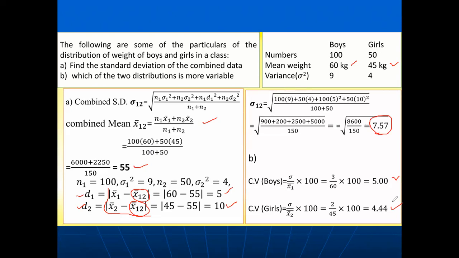So any set of data which has a higher CV means more inconsistency, more dispersion, or more variation. Here we can see the variation is more for boys as compared to girls. So the answer to the question of which of the two distributions is more variable is that the distribution of boys is more variable, because its value of 5 is more compared to girls. That is how we can infer it.